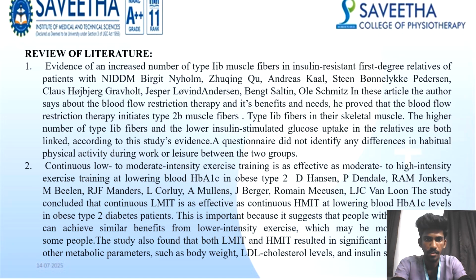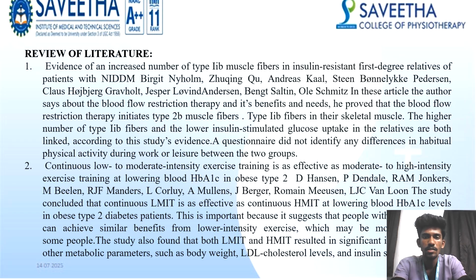Now, review of literature. Nehom et al., insulin resistance and muscle fiber types. The study focused on individuals with a genetic link to diabetes. These individuals had a higher number of type 2B muscle fibers, which are fast twitch glycolytic fibers.